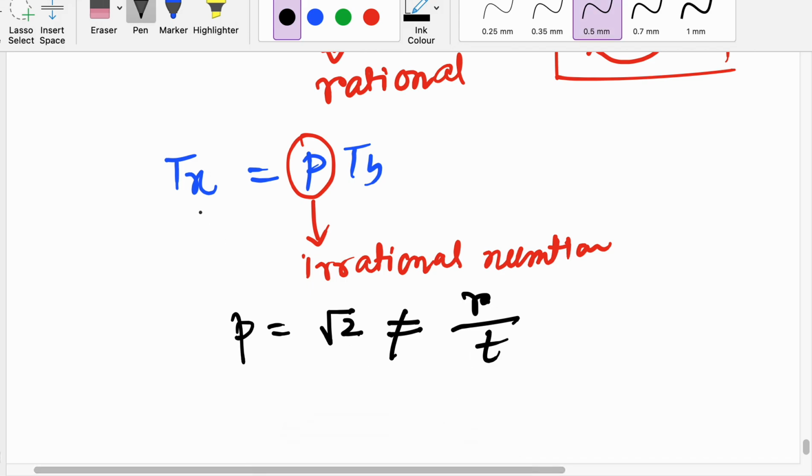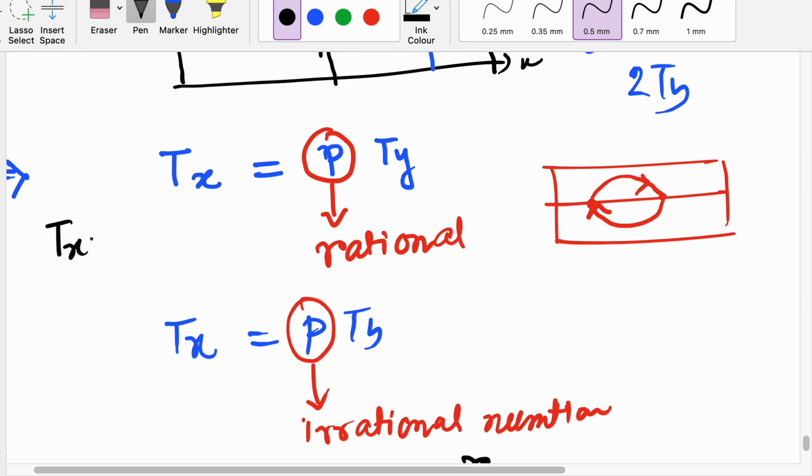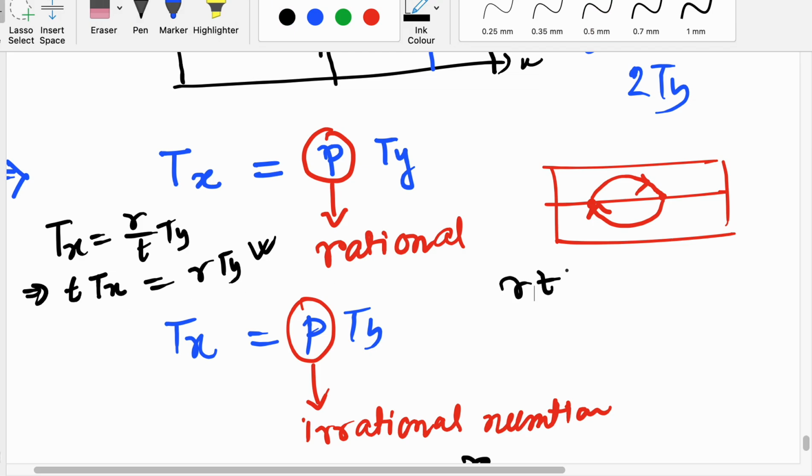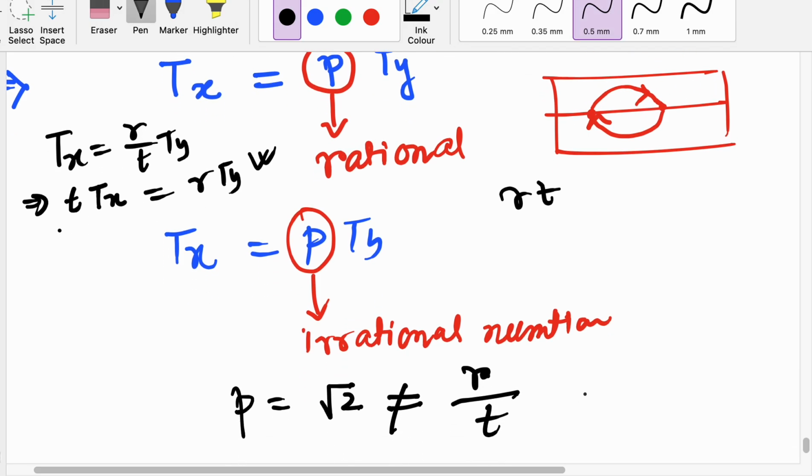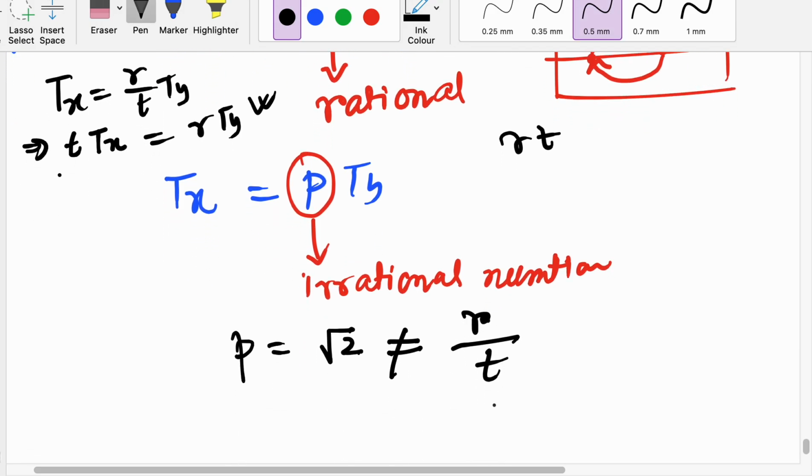For the rational case, you can write tx equal to r by t ty, that means t times tx will be r times ty. If I iterate t times here and r times there, then the system will return to its same position. But here you cannot write it in r by t form.